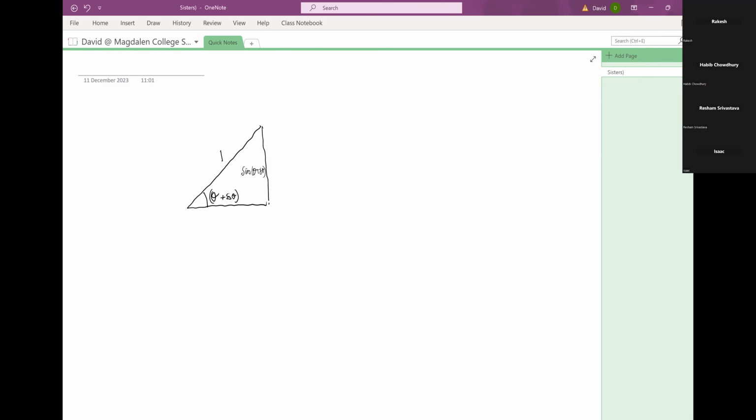Now, what we really want is to look at the difference between sine of theta plus delta theta and sine theta.